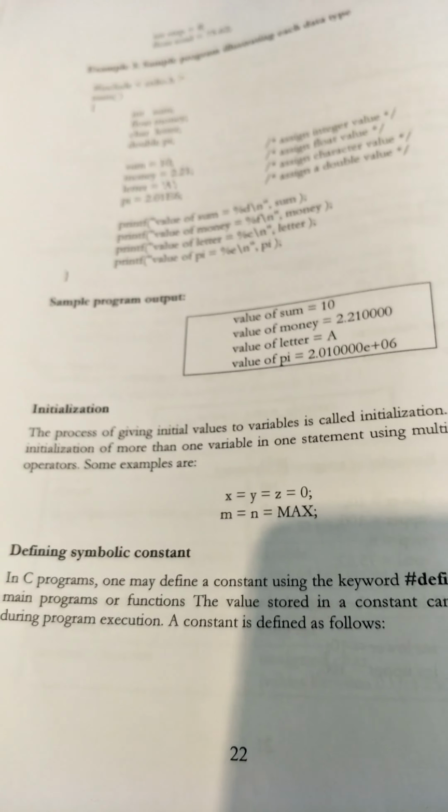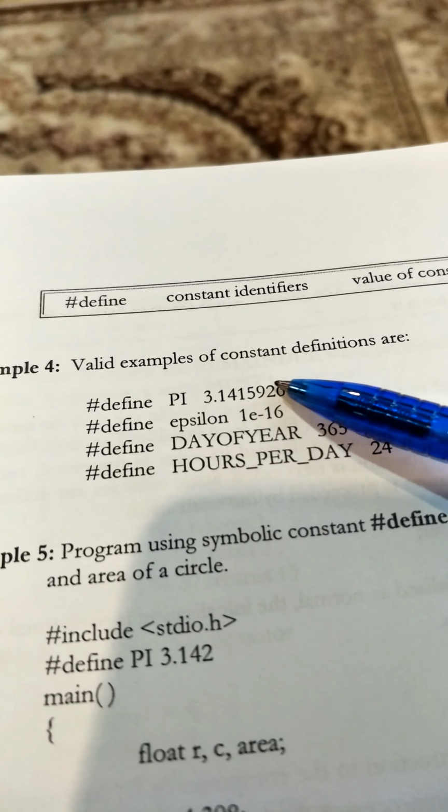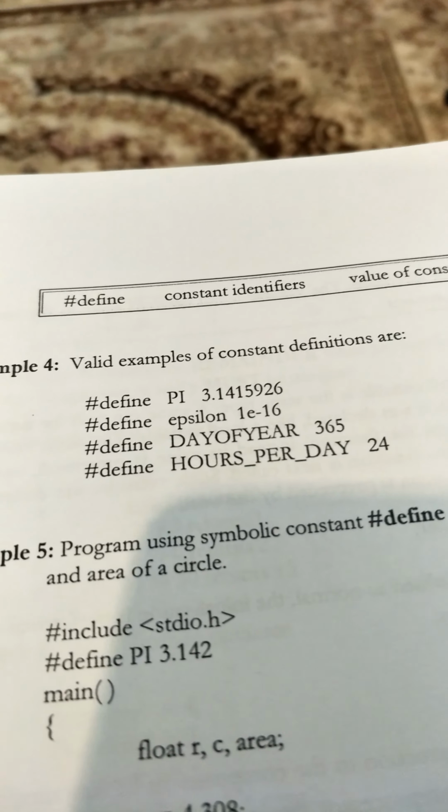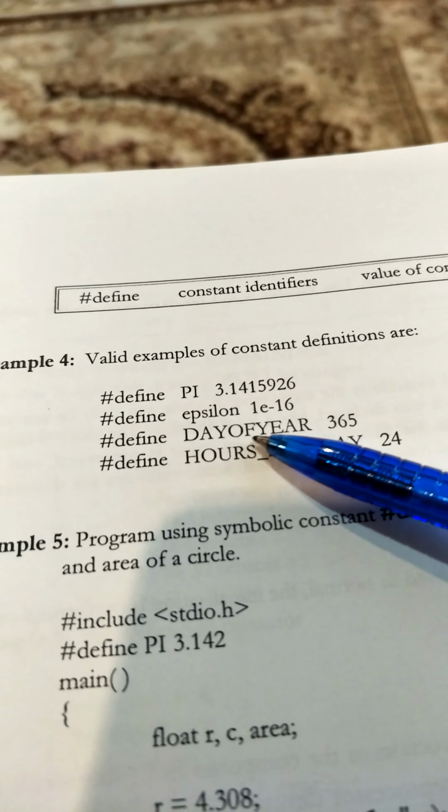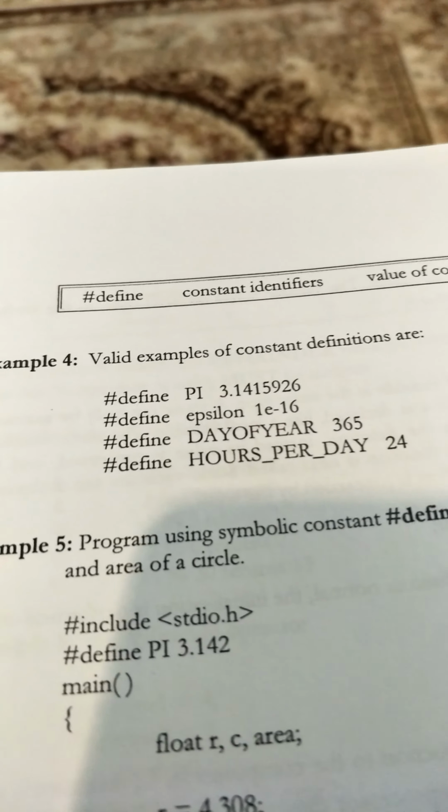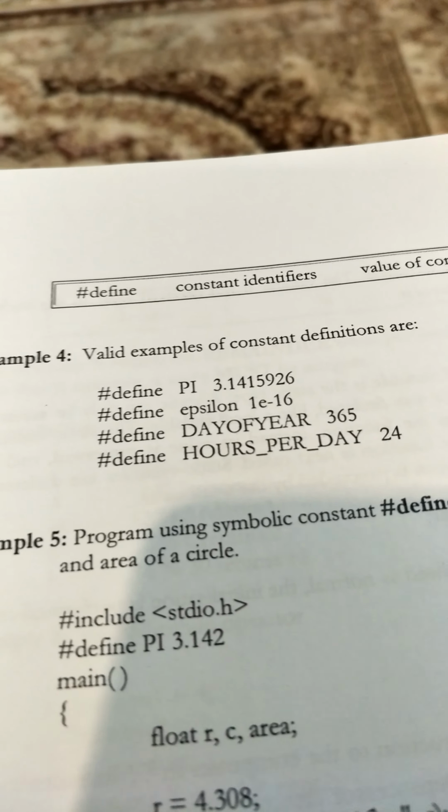Then we can define as well. This is how we define a constant value that we're going to use for the entire program. This value won't change anymore. If you change it, the system will give you an error when you compile.